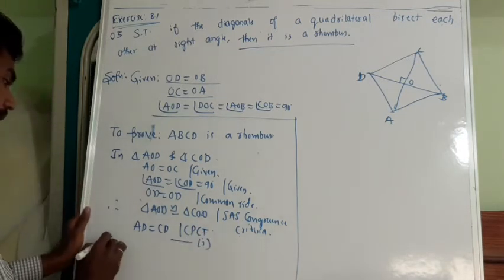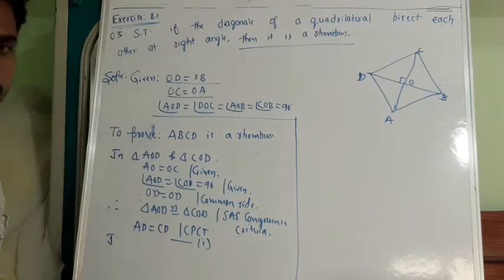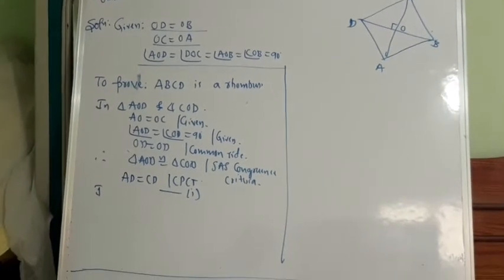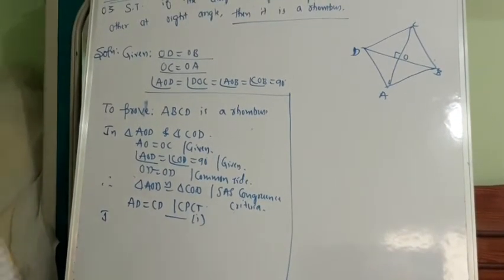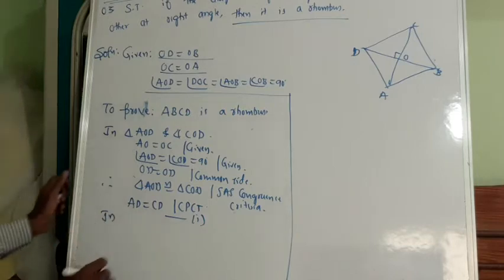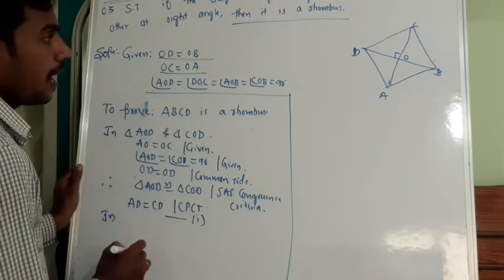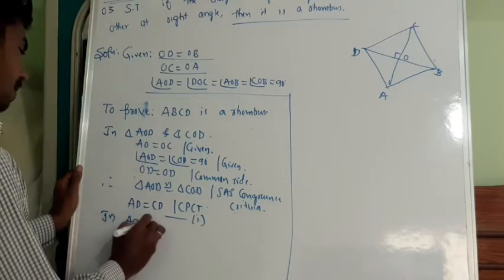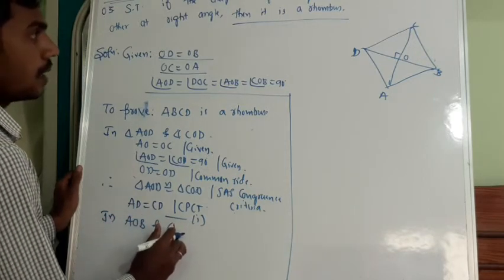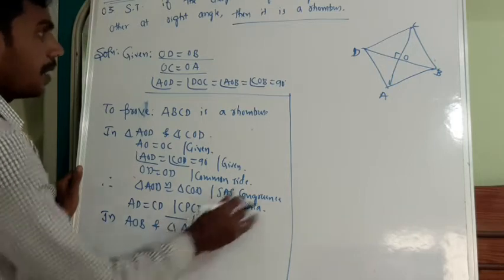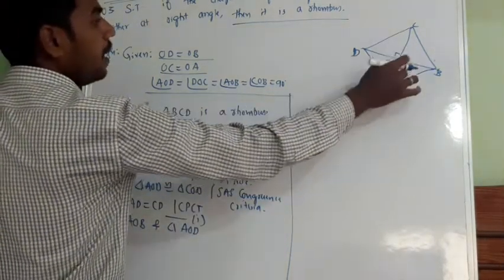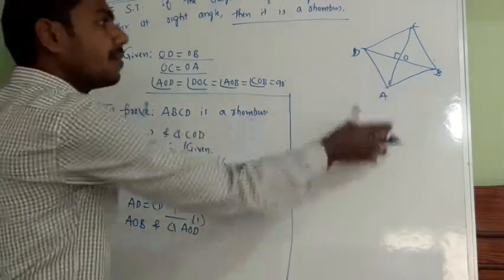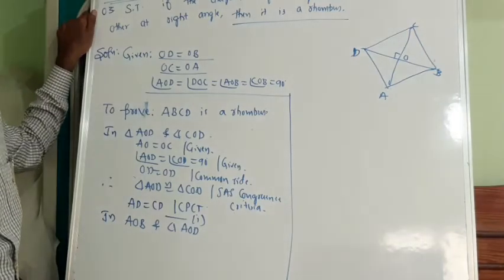Next, in triangle AOB and triangle AOD, these two triangles are AOB and AOD. I need to consider adjacent triangles because I need to show adjacent sides of a quadrilateral are equal.